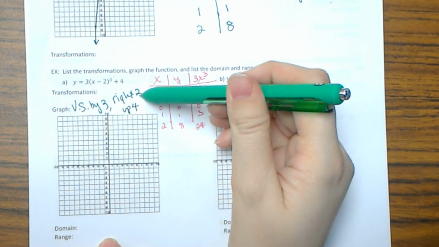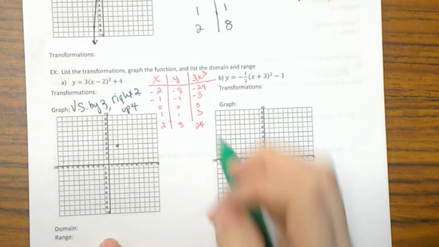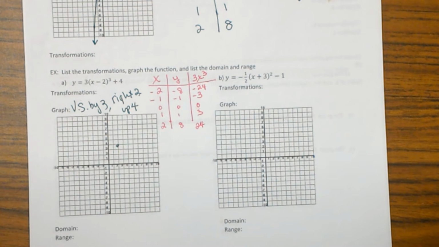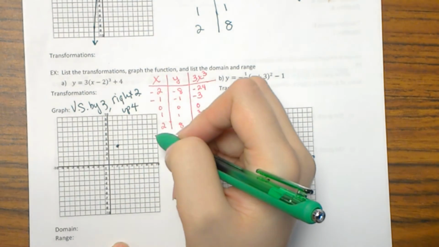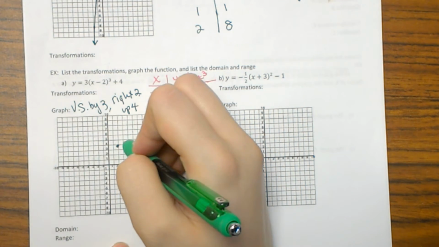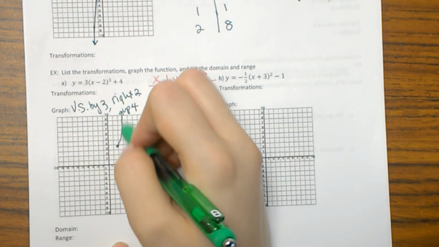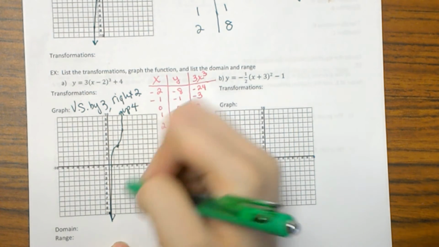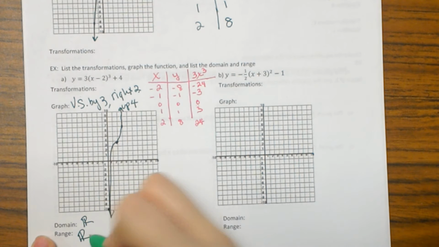If I move that to the right 2 and up 4, I'd be at 2, 4. And then I have a vertical stretch of 3, so the next point is going to be way over here. The domain is all real numbers, the range is all real numbers.